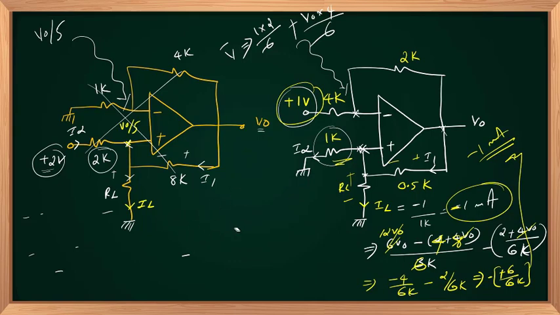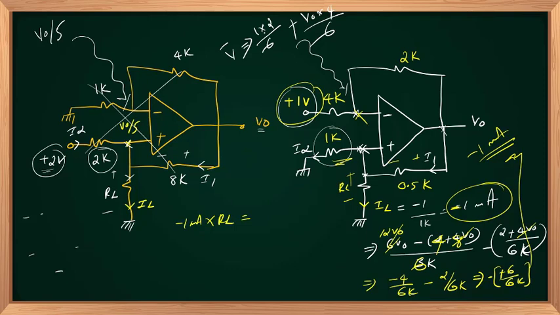The current IL we got as minus 1 milliampere. So minus 1 milliampere multiplied by RL will give you V plus, and that should be equal to V minus.